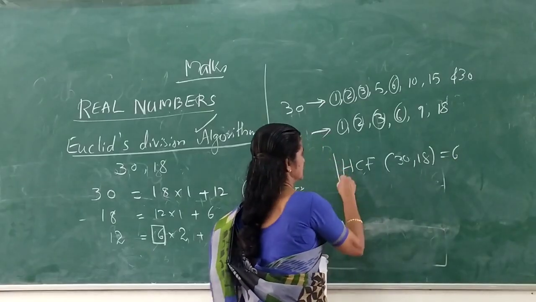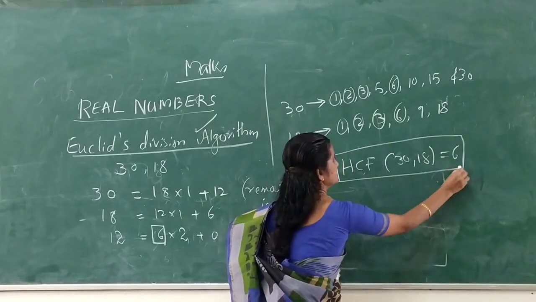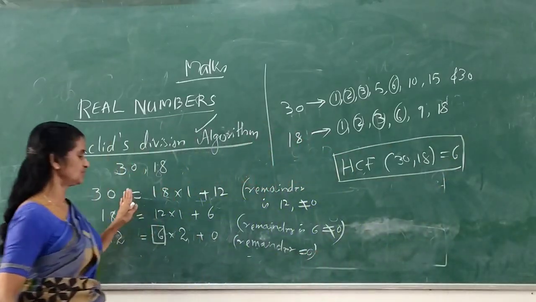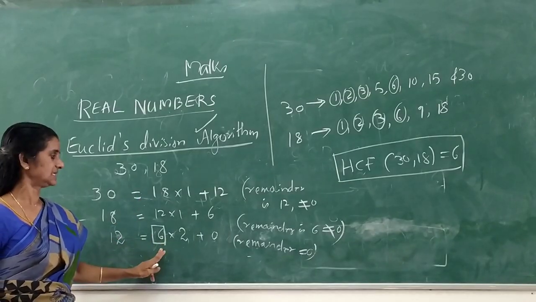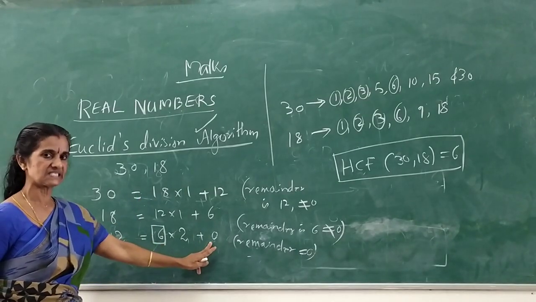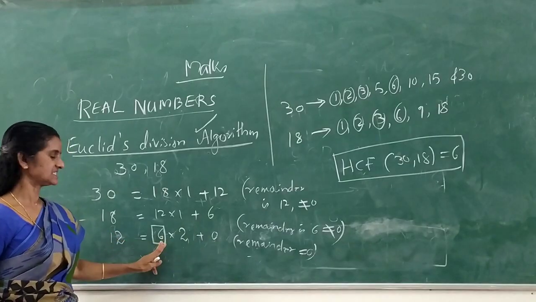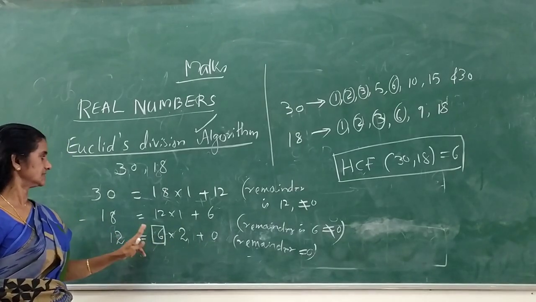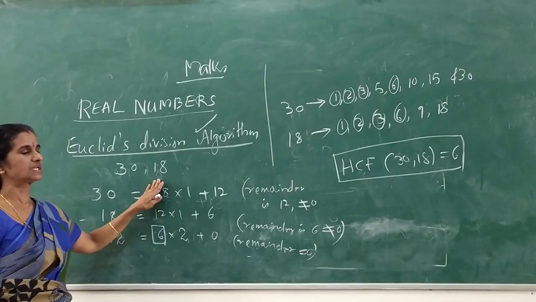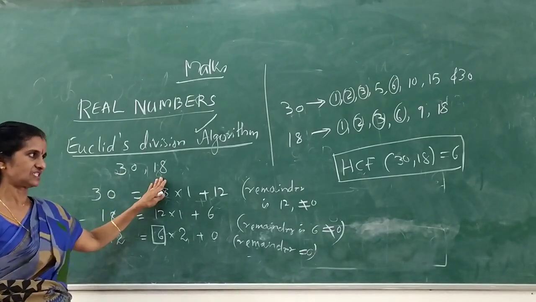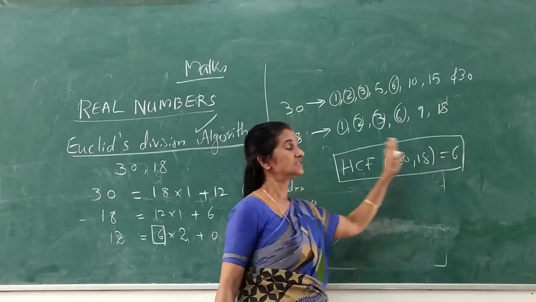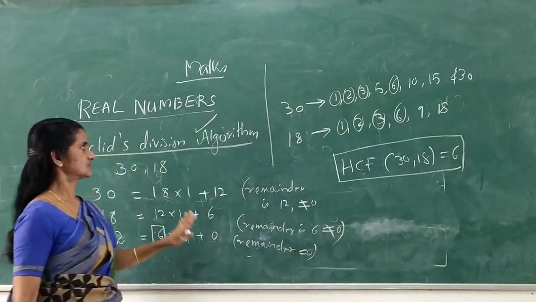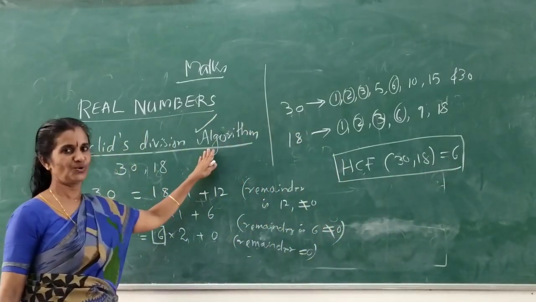So HCF of 30 and 18 is equal to 6. This procedure is called Euclid's division algorithm.